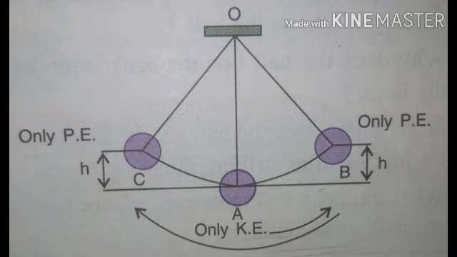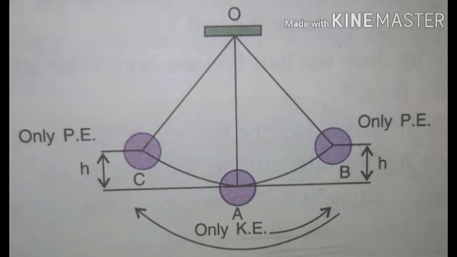On reaching the center, the whole of the potential energy changes into kinetic energy. Due to this kinetic energy, the bob has maximum speed with which it moves to the other side, up to the same vertical height h. In motion from A to C, that is the other side, kinetic energy changes into potential energy and at C, speed becomes 0.